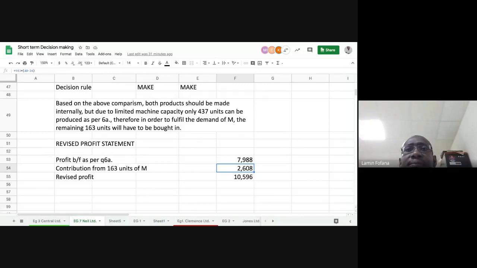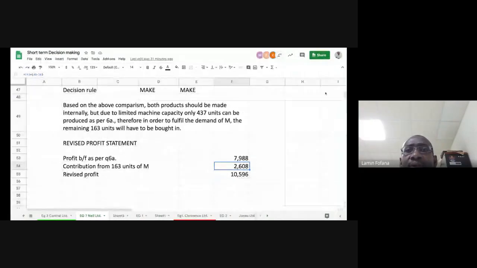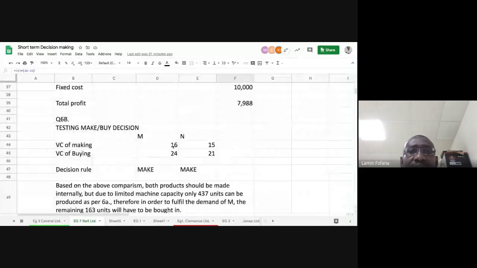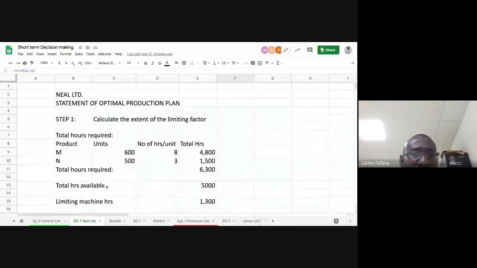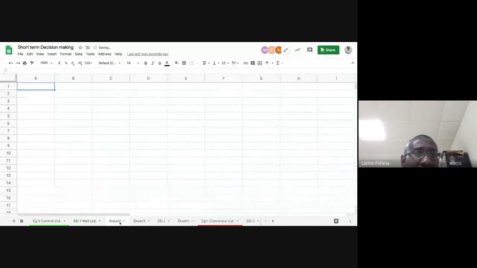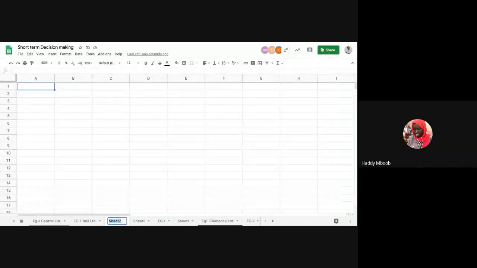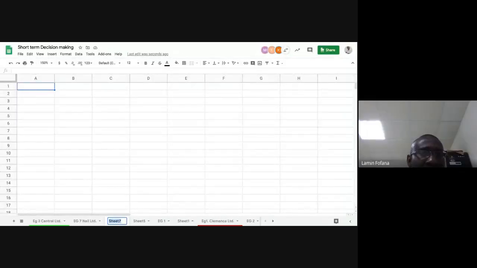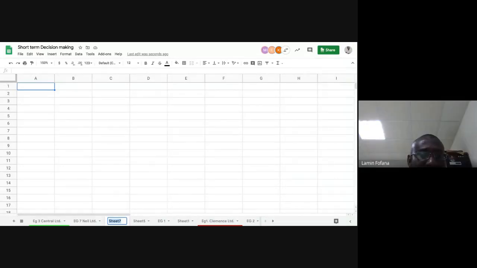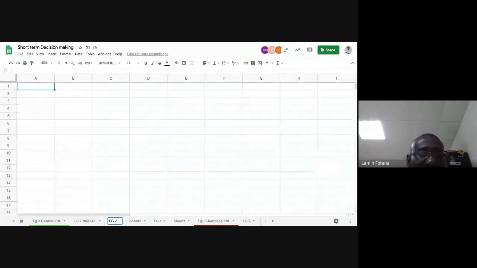Example 7. So we're going to open a new sheet. This whole file will be sent to you, like I said. We're going to open a new sheet and call it example 7, WXYZ limited. We just call it EG7. In fact, the previous one should be EG6, I'll revise that.